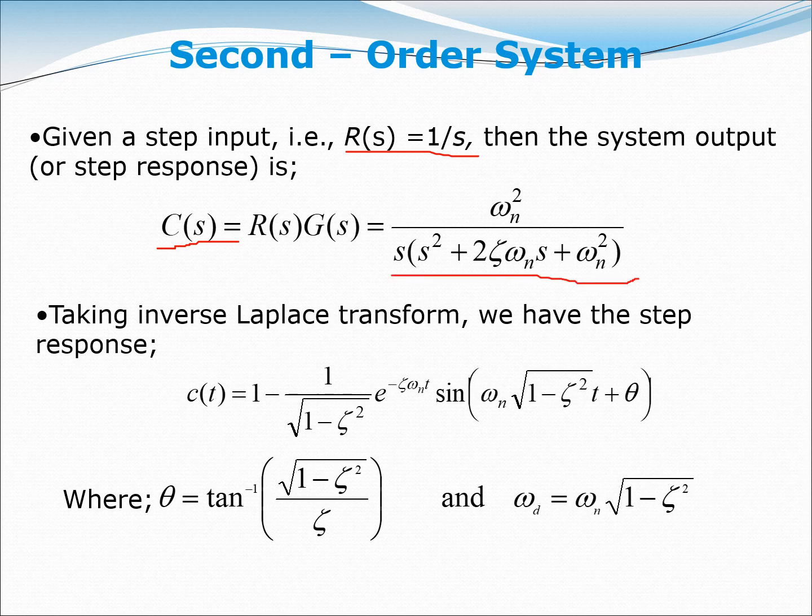Then if we take the inverse Laplace transform of C(s), we have the equation of c(t), as shown in this slide. Here theta is given by this equation, and omega d in c(t) is given by this equation.